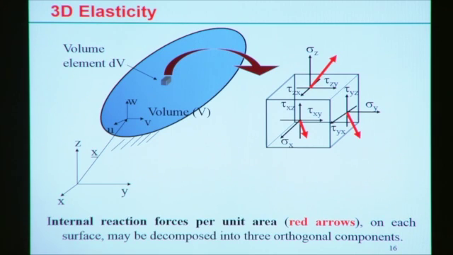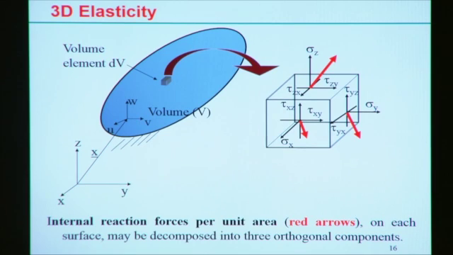Let us look at that elemental volume here and what the different stresses acting in this case are. First, there are the normal stresses: sigma y, which is acting along the y direction, sigma x, acting in the x direction, and sigma z. These are the normal stresses acting.